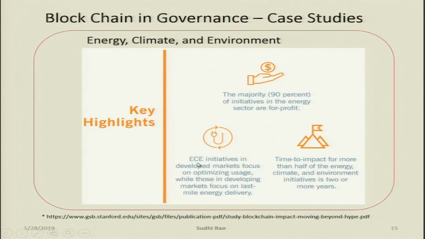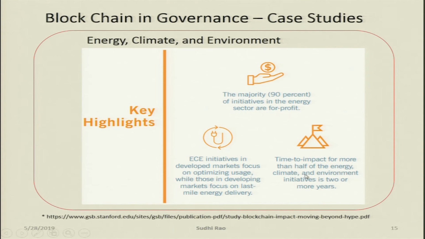ECA, energy, climate and environment initiatives in developed markets focus on optimizing usage, while those in developing markets focus on last mile energy delivery. The case study makes clear the difference, how it is applied differently in an advanced market, how it is deployed in a developing market.